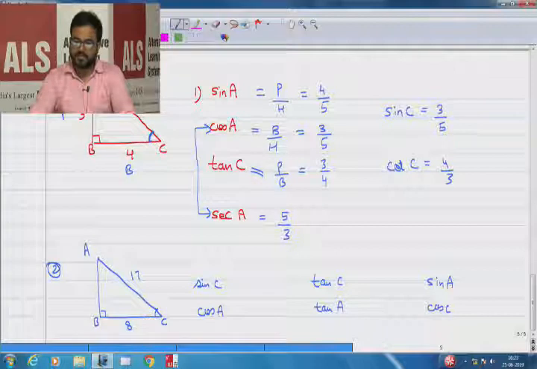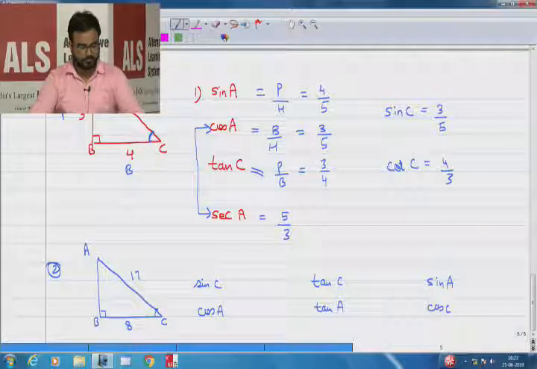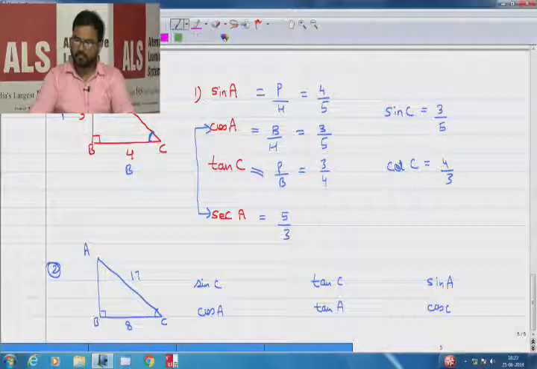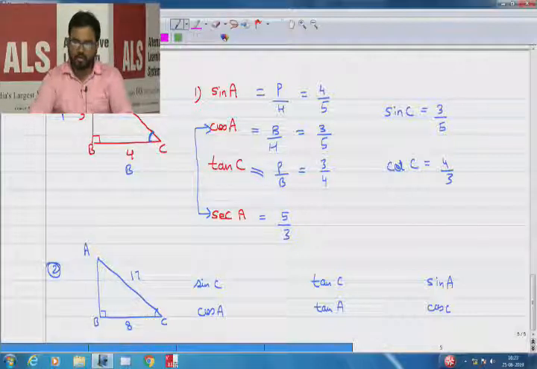Yes, CC Pur, that is right. CC Pur, the tan C value is not right.